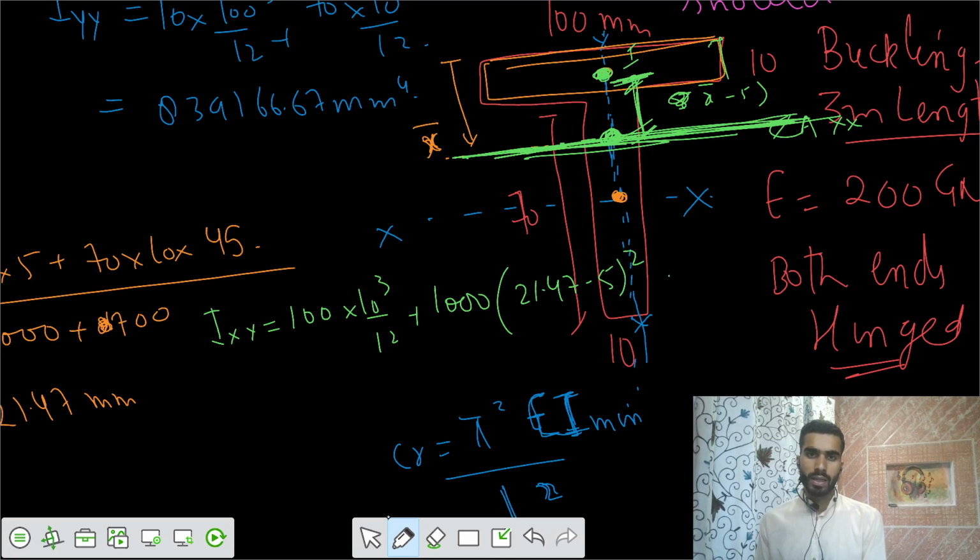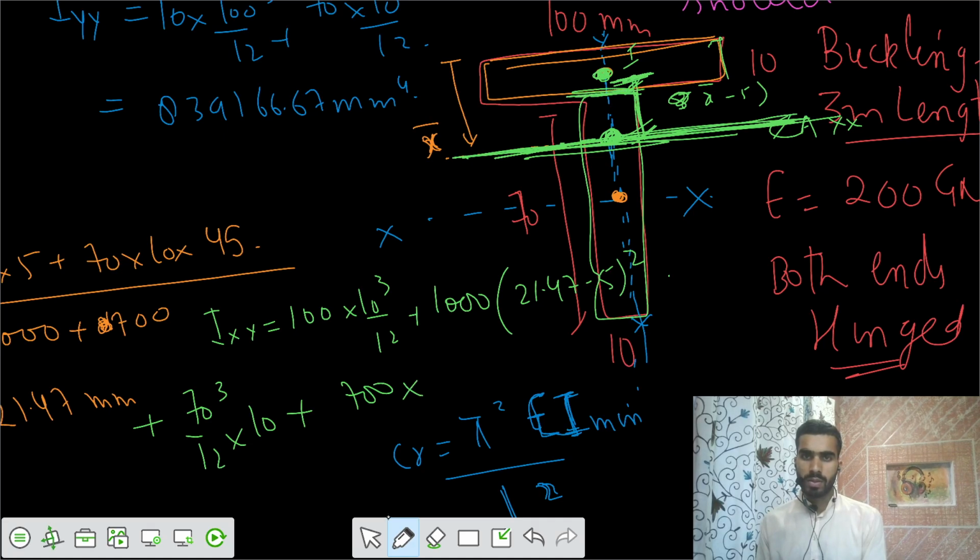And the second area is also there. That's your rectangle of dimensions 70 cube by 12 into 10, plus 700 into d square. From this part the centroid is at 35, but from this part to the centroid of the entire section, it's at 11.47, whole square.